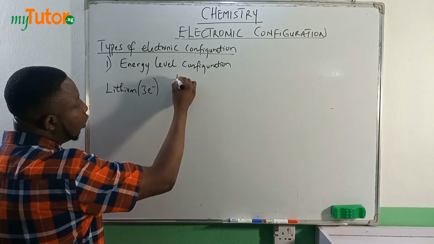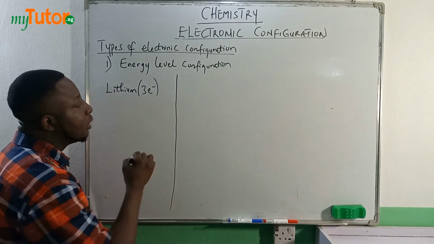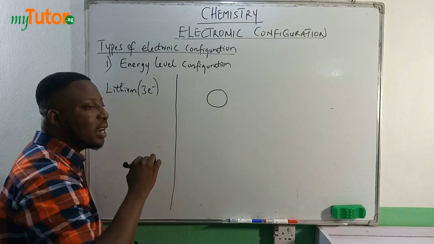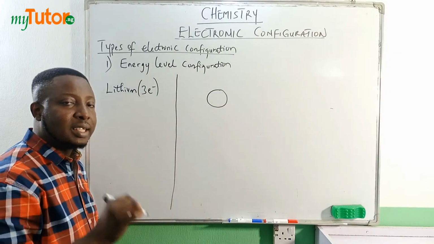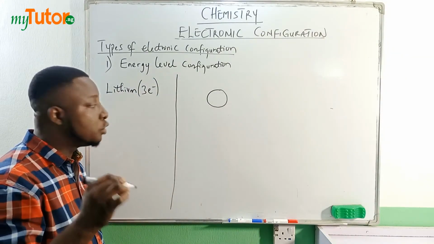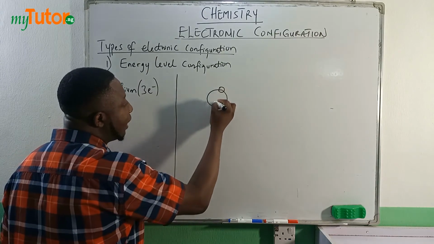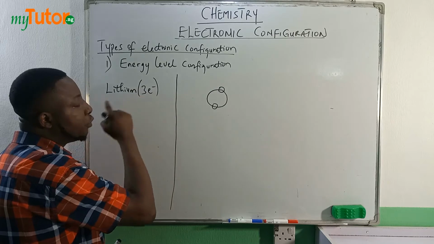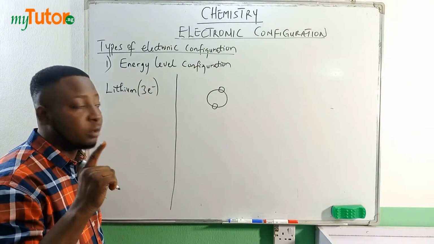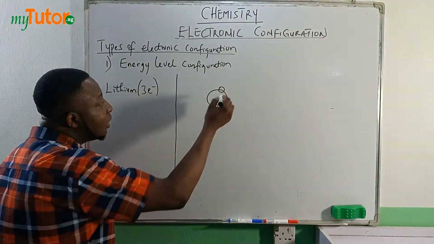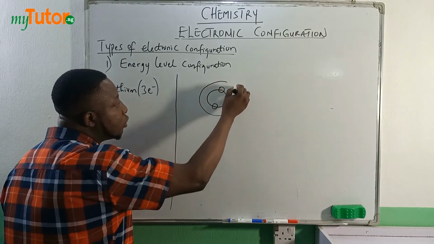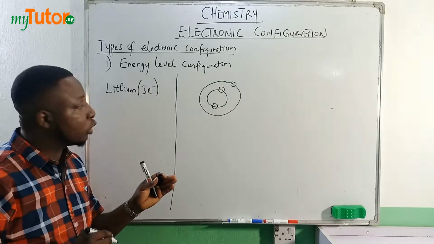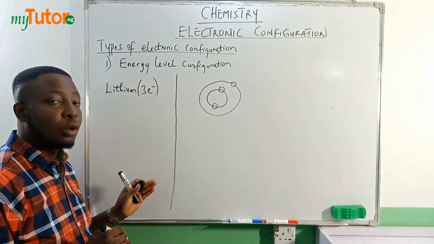Now, if we draw the structure of lithium, we know that the maximum number of electrons in the first energy level is 2. So we're going to put 2 electrons in the first energy level, and then if we remove 2 from 3, that will give us 1 as the remainder. So in the second energy level of lithium, we're going to have the remaining 1 electron. So that's the structure of lithium atom.